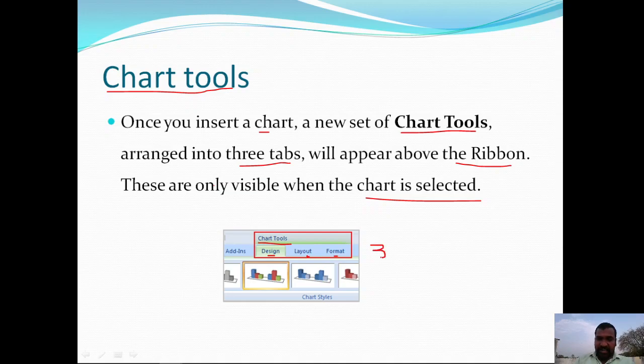These three tabs are displayed on the ribbon alongside tabs like home, insert, and so on. The design, layout and format tabs are visible only when you select a particular chart on the worksheet. If you don't select a chart, these tabs do not appear.